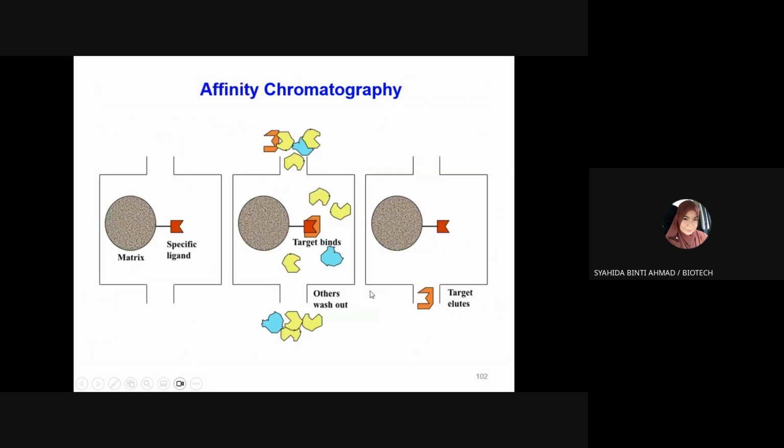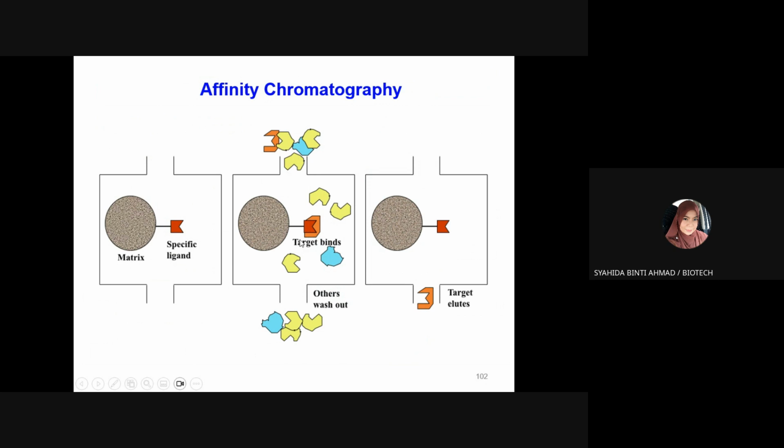And affinity: you have a matrix, and you design the matrix to have a specific ligand, usually an antibody. You design this antibody so that it can bind to your protein of interest. When you put in your sample, your protein will bind to the ligand.